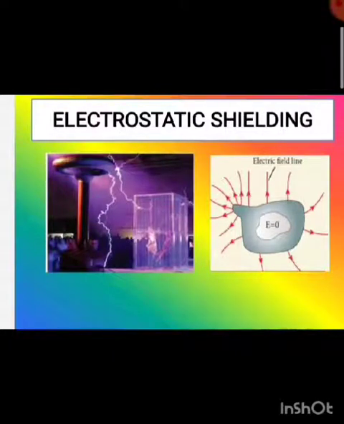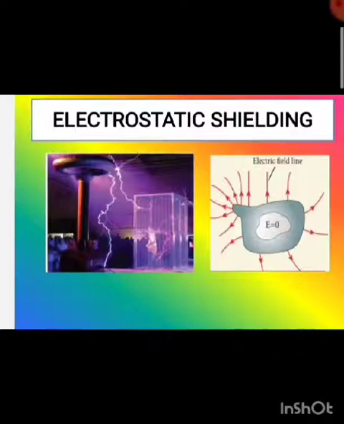That's why during thunder accompanied by lightning, it is safer to sit inside a car than on open ground, because the metal body of the car provides electrostatic shielding, where inside the electric field is zero, hence the electric discharge passes through the metal body of the car.